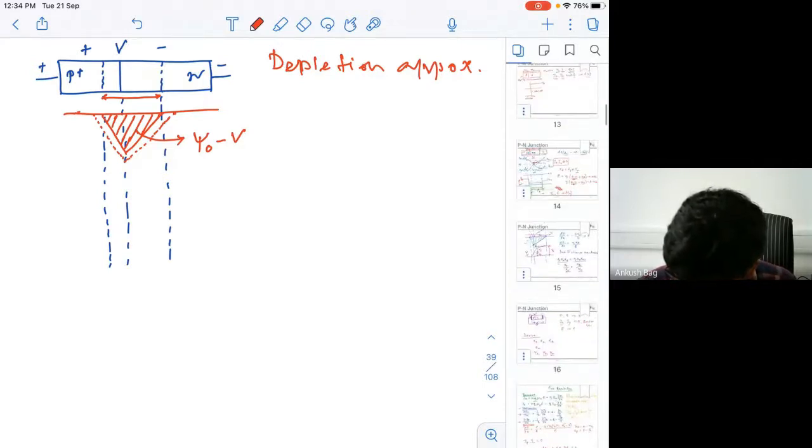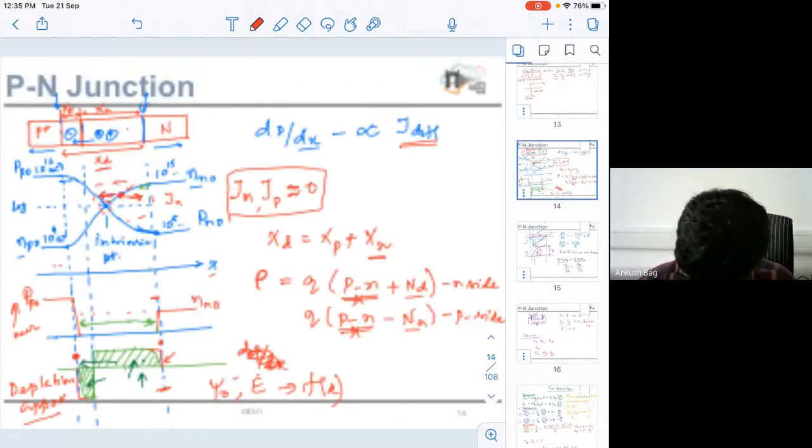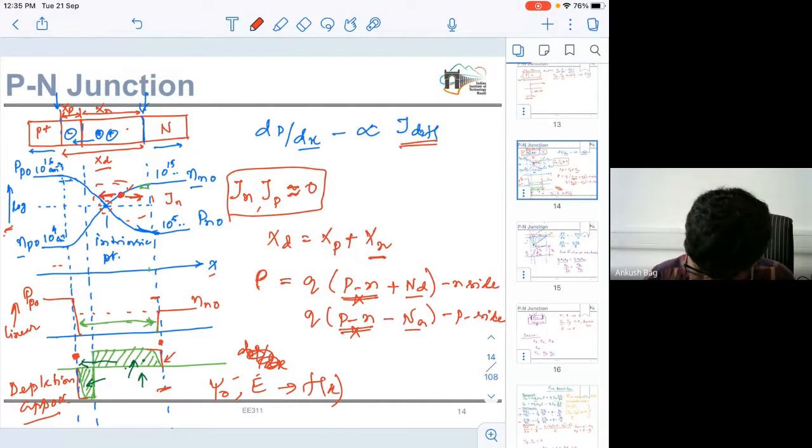Here we have considered this depletion approximation, considering this linear variation of your carrier concentration, holes as well as electrons. So then we can consider this depletion edge is terminating abruptly. So see, this is the approximation.